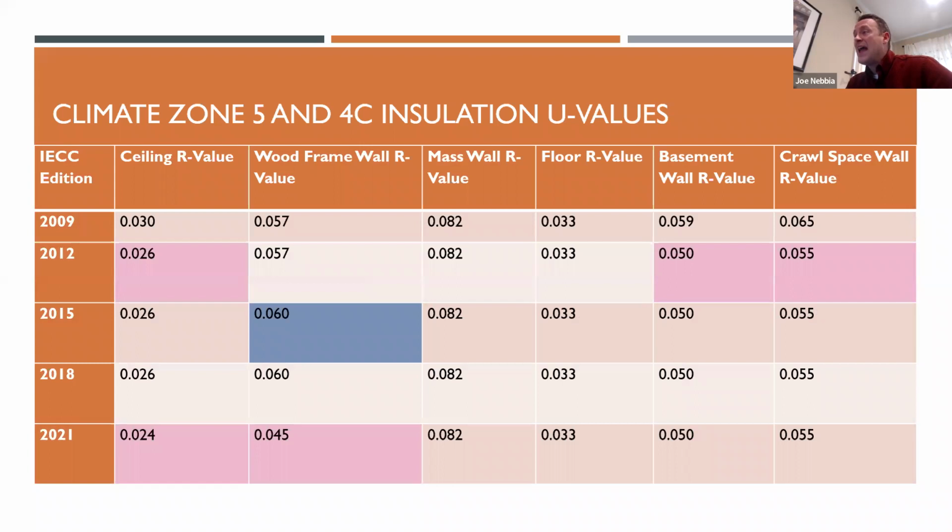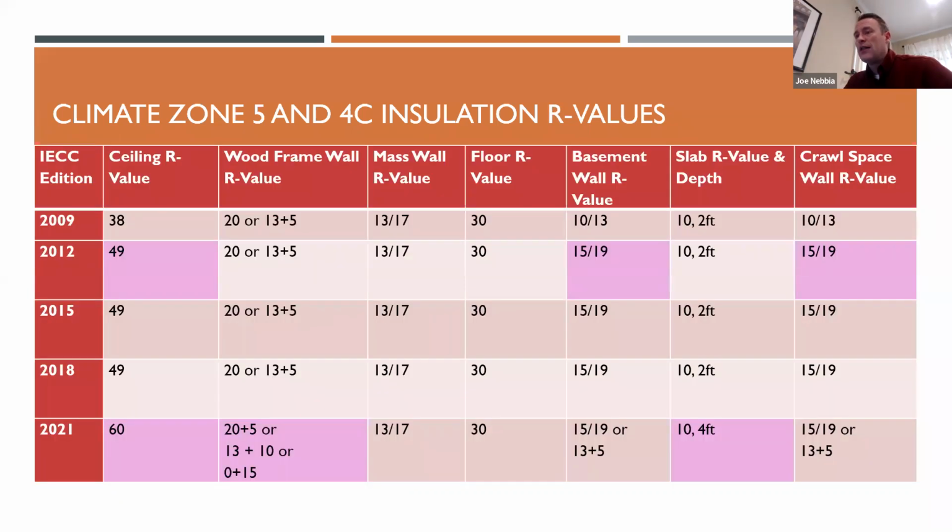Climate zone 5 and 4C, so that's for marine. So all of climate zone 5 and then 4C has the following requirements. We have an R60 in the attic in 2021. Again, you'll see most of the changes here are in 2021.